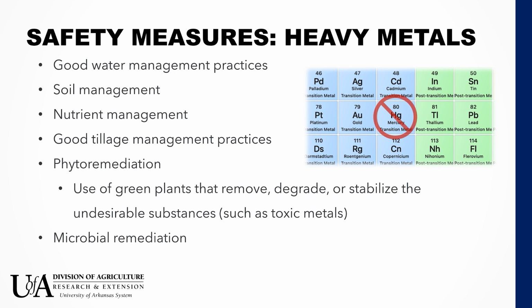There's soil management practices, nutrient management practices, good tillage management practices, as well as phytoremediation techniques, which basically involve the use of green plants that remove, degrade, or stabilize the undesirable substances such as these toxic metals. There's also the other approach which uses microbial remediation techniques.